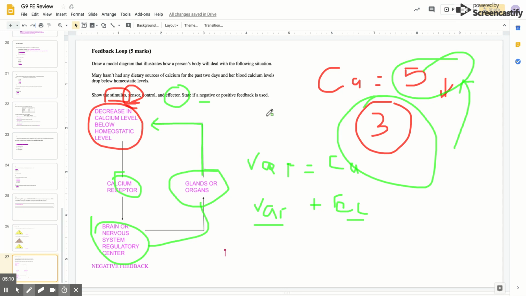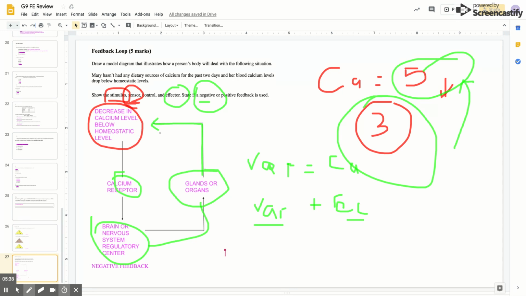Anything that goes away, whether negatively or positively, where we are looking at returning back to homeostasis, that's always going to be negative feedback. So if this was an increase in calcium level, all of these things would happen. The same thing is going to happen, but the corrective action is going to be trying to bring down the calcium level to homeostatic level. So that's a very clear way to explain this.